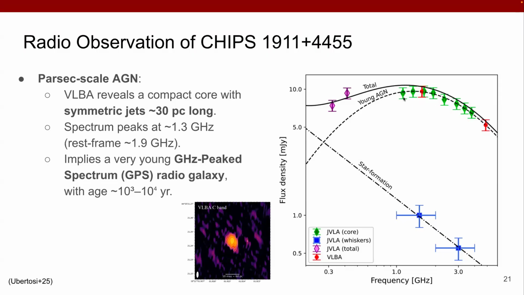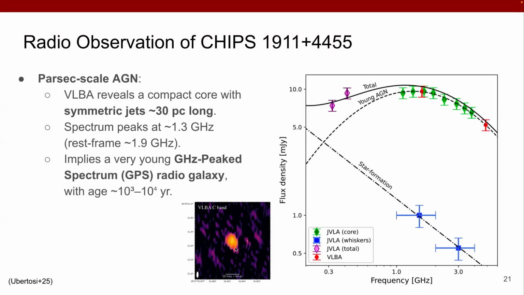What that tells you is that when the AGN is very young, in this case only 1,000 or 10,000 years old, the radio spectrum will turn over at about 1 gigahertz, and that is a signature of a very young AGN. So what we think is happening here is that they are detecting a very young AGN, or the AGN is just getting started.